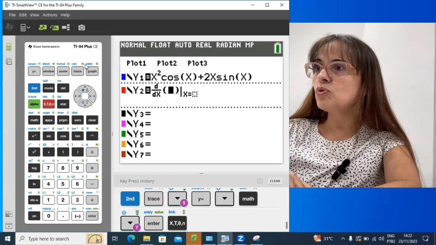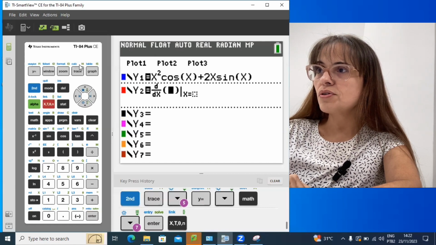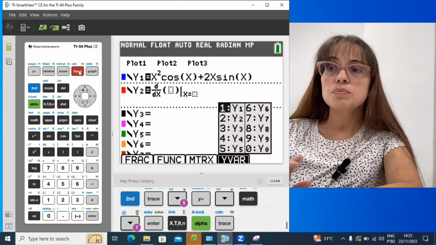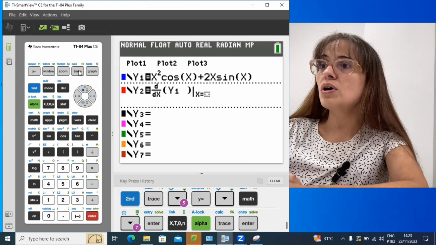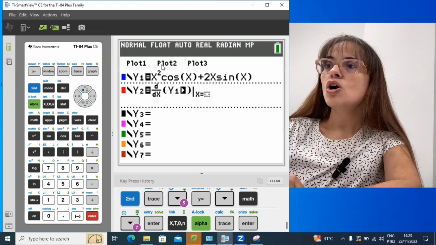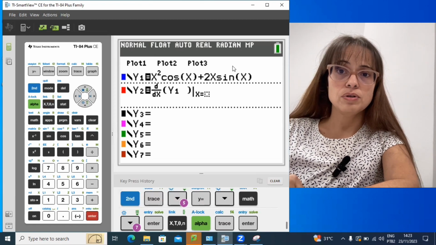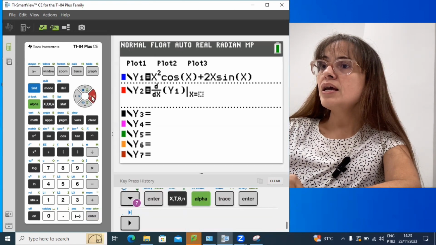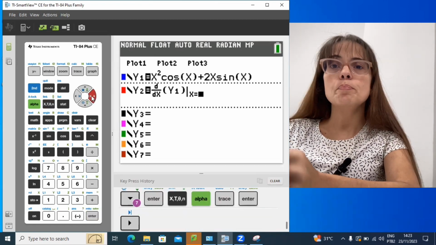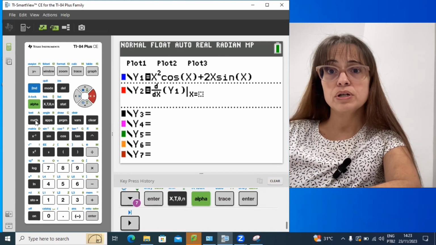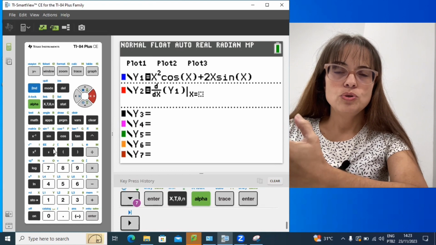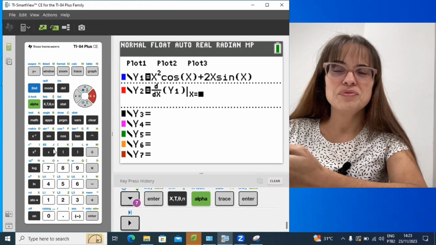If you see that green F4 thing up there, let's reach that. Green button, F4. Then it opens up this list. You can choose whichever one you want. Of course, I want to choose y1 because I want d/dx of the thing that is currently called y1, and I want that at a point because this menu that came from the math button is not to take the derivative analytically.